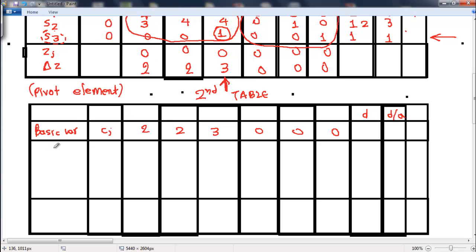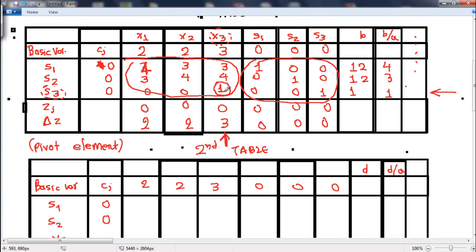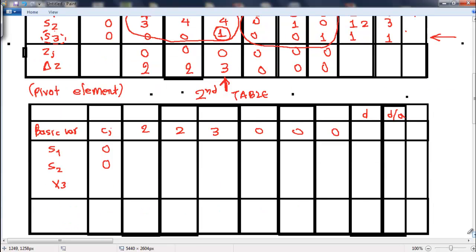So s1 doesn't change, s1 will be here and the value will be 0, s2 will be here and the value will be 0, but in the place of s3 I will take x3 together with the corresponding value of the objective function for x3, that's 3. So next to x3 I will write 3.